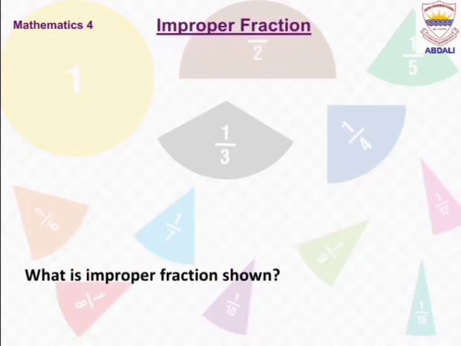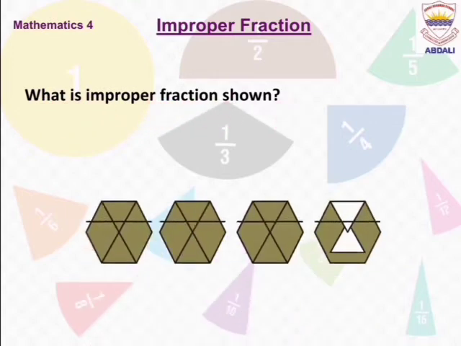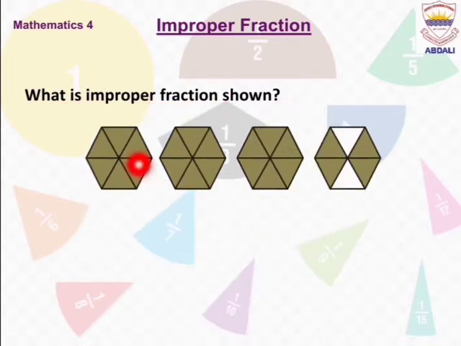Now students, what do we have to do now? We have to show the improper fraction. Here 4 pentagons are given.